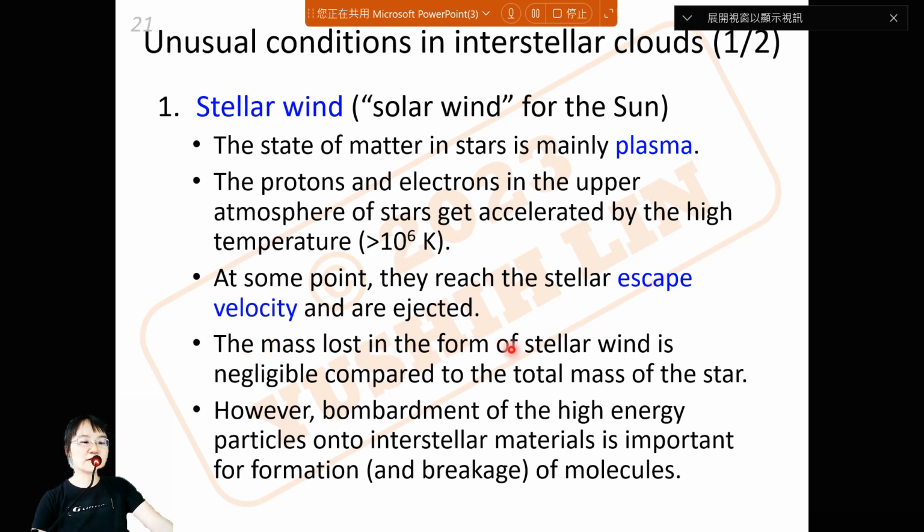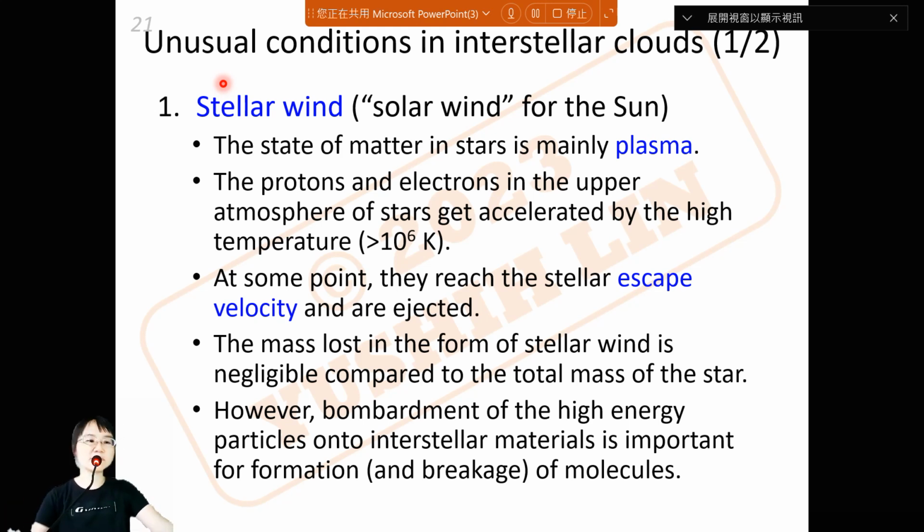The mass loss in the form of stellar wind is negligible compared to the total mass of the star, but bombardment of high-energy particles onto interstellar material is important for formation or breakage of molecules. These particles emitted in the stellar wind will interact with the nebula material and create new molecules or break old molecules.